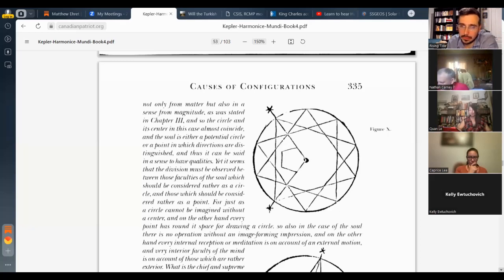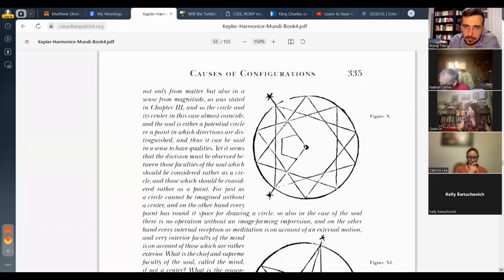Yet it seems that the division must be observed between those faculties of the soul which should be considered rather as a circle, and those which should be considered rather as a point.